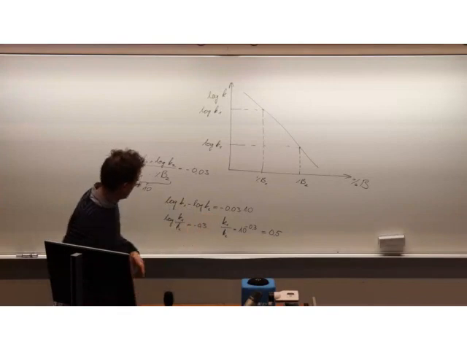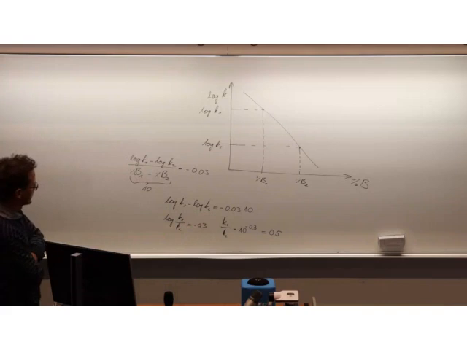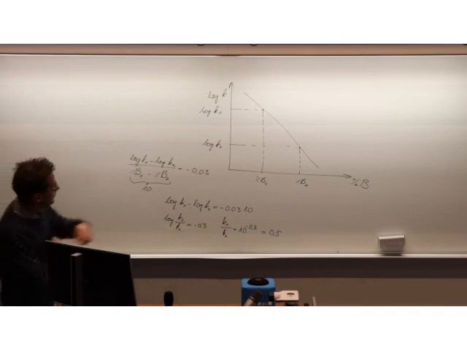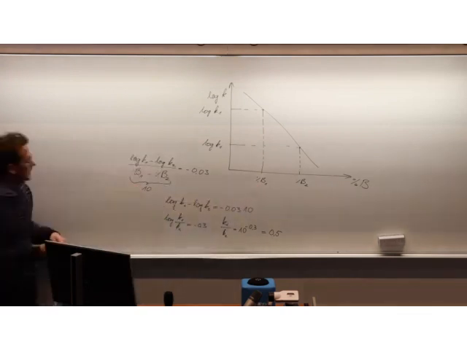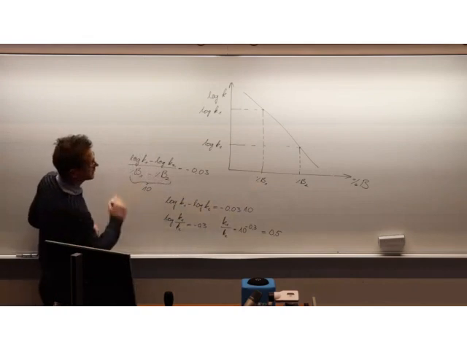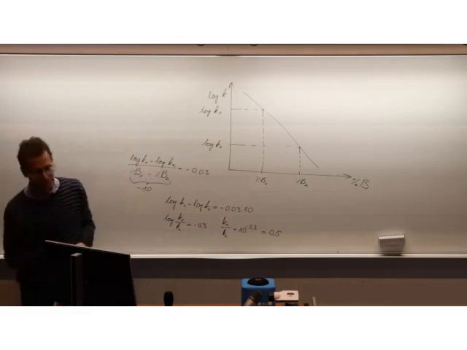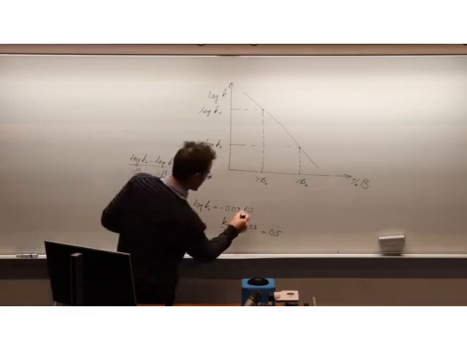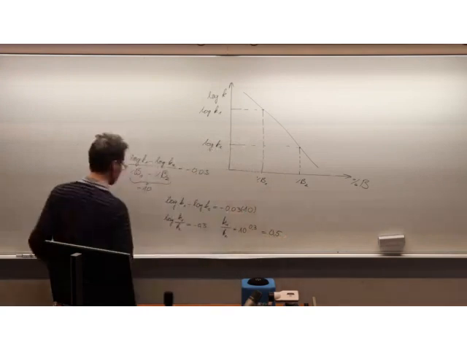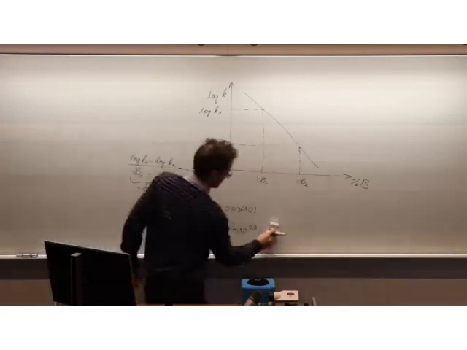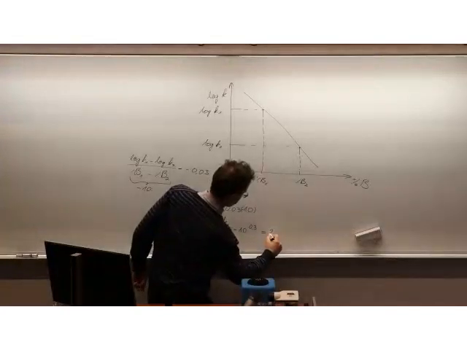K1 should be bigger, but if it's less than 1, K1 should be smaller. Yes, we have a problem here. B1 minus B2, this should be negative, right? Yes, so negative here also, and then positive here, and then this will be 2. Yes. Messed it up with signs.